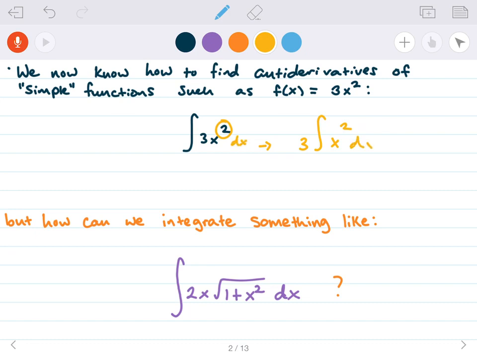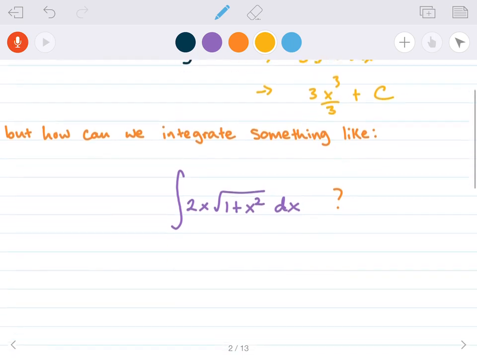Should have a dx. And so what we ended up getting was 3x to the 3 over 3 plus c. We added 1 to the 2 in the exponent, and then we divided by whatever we got there. So we know how to do that.